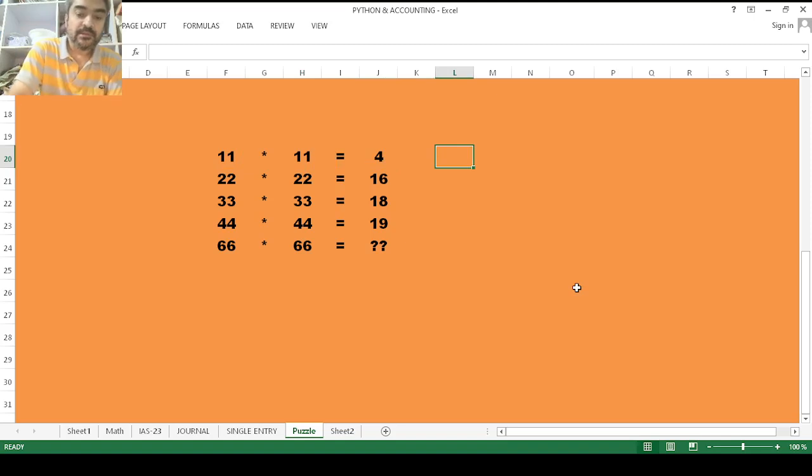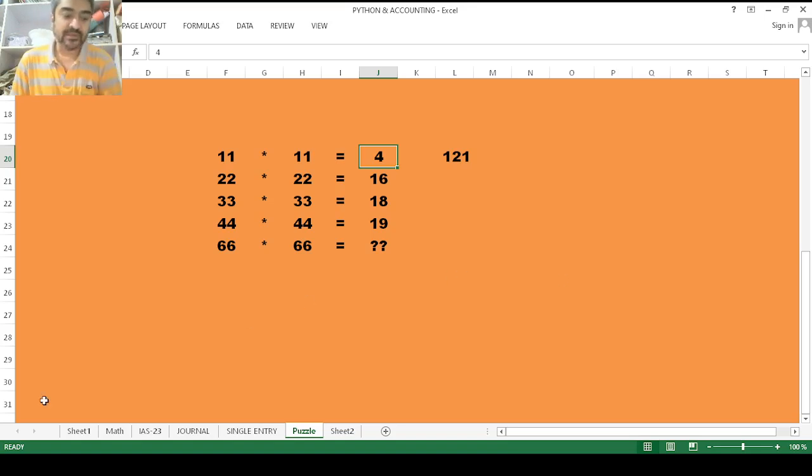So equal sign, as I told in one of my earlier videos, 11 multiply by 11. You can see that if we multiply 11 with 11, it is equal to 121, but in the question it is given as 4. Okay, so maybe there is some hint here.